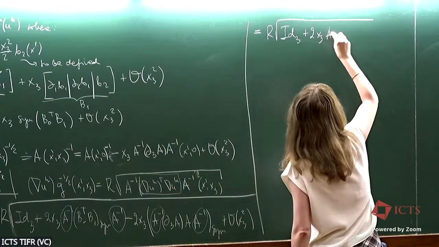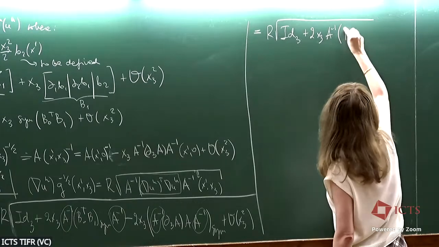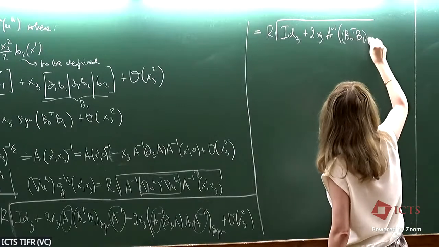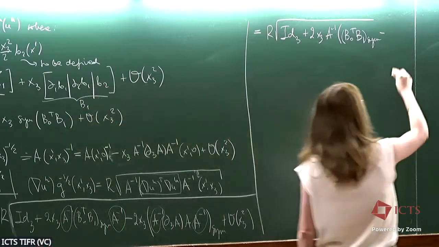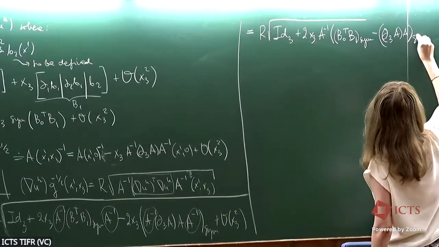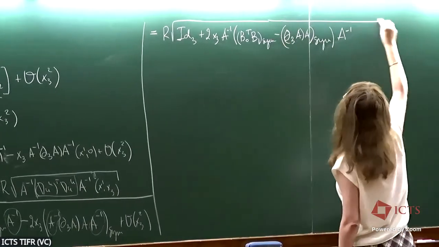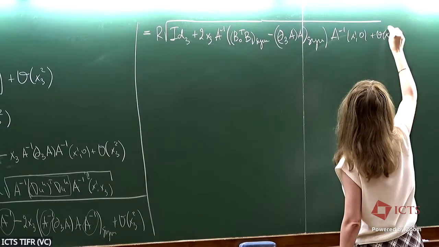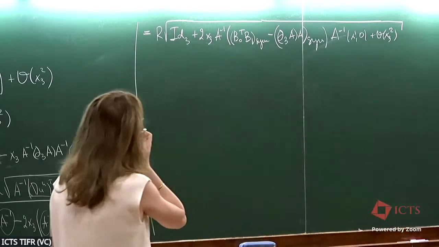So I have A inverse, from here I have B0 transpose B1, symmetric part of it, of course, minus D3A A, symmetric part of it, and A inverse outside. Everything at x prime 0 plus O of x3 squared.